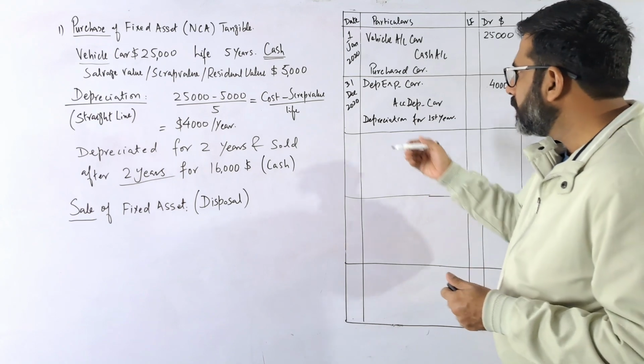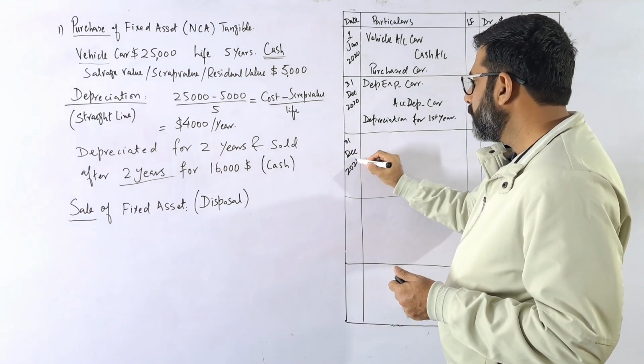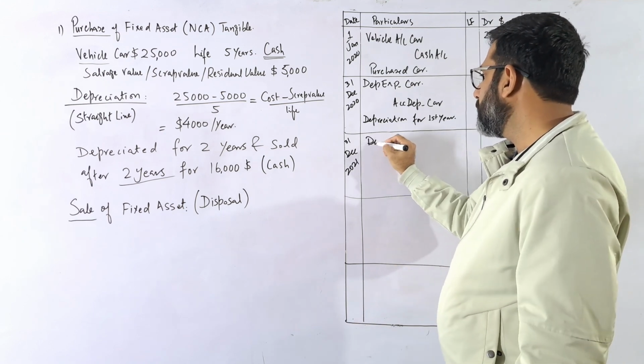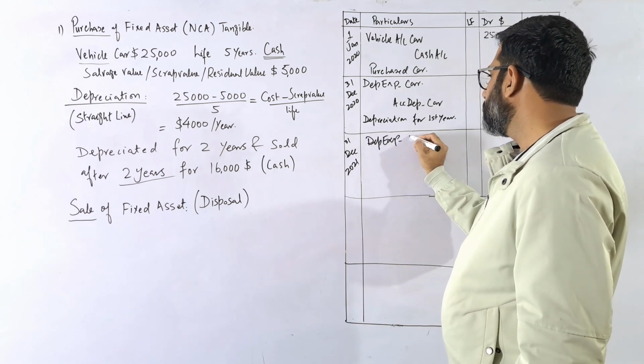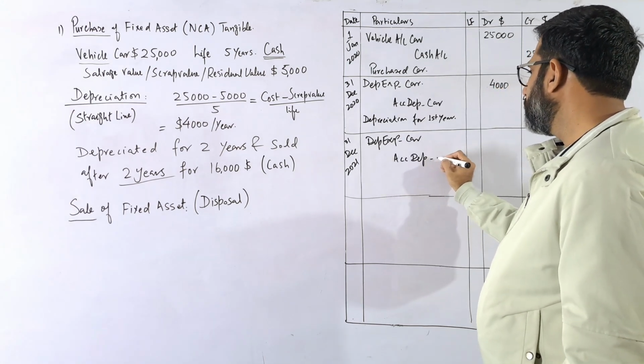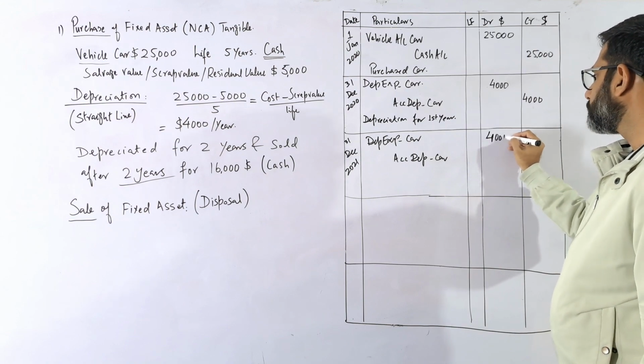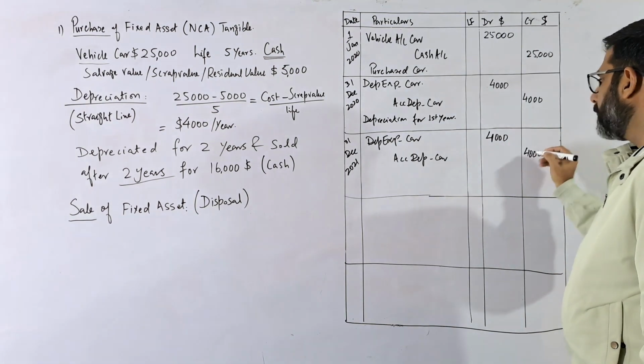So now we will record the depreciation for the second year, again on 31st December 2021. The depreciation expense, same entry, same amount, and accumulated depreciation of the car will be credited by 4,000.